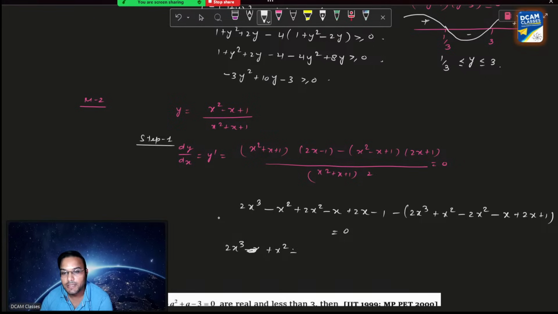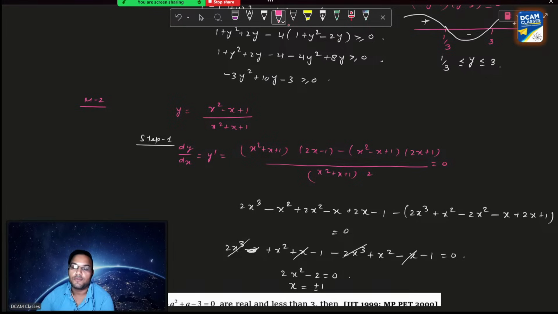Plus x square plus x minus 1 minus 2x cube plus x square minus x, okay, minus 1 is equal to 0. This got cancelled. This got cancelled again. So 2x square minus 2 is equal to 0 I am getting. The possible values of x I am getting are plus or minus 1.